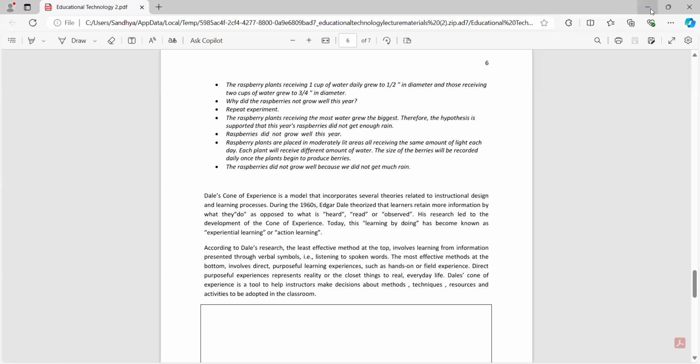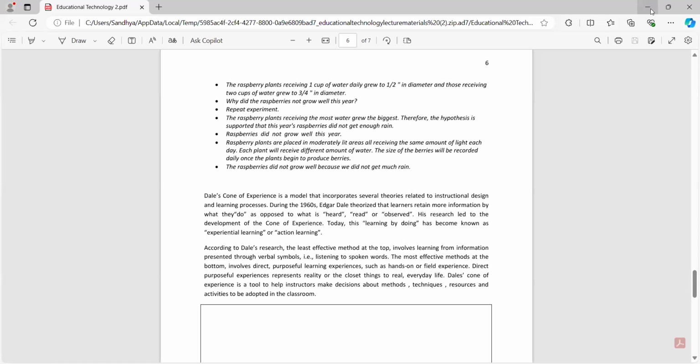Next week, I will be discussing some more methods. Under some more methods, I will be discussing the flipped method and the jigsaw method. Have you heard of the flipped method? No, madam. Have you heard of the jigsaw method?